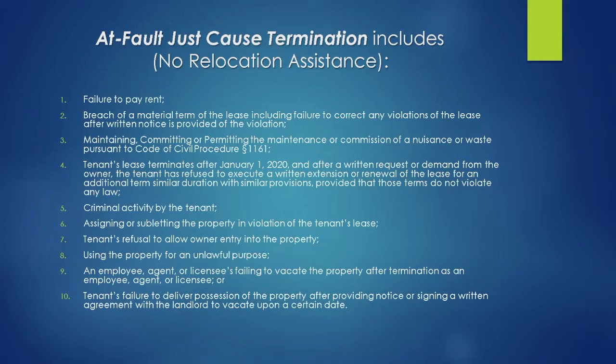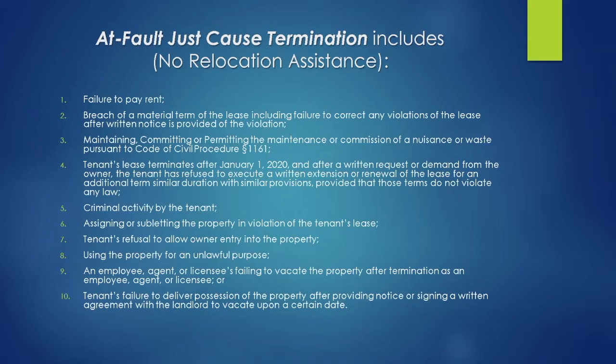Tenant's lease terminates after January 1st, 2020, and after written request or demand from the owner, the tenant has refused to execute a written extension or renewal of the lease of an additional term, similar duration, with similar provisions, providing that those terms do not violate any law.